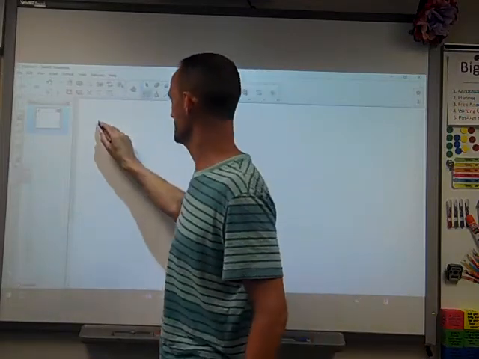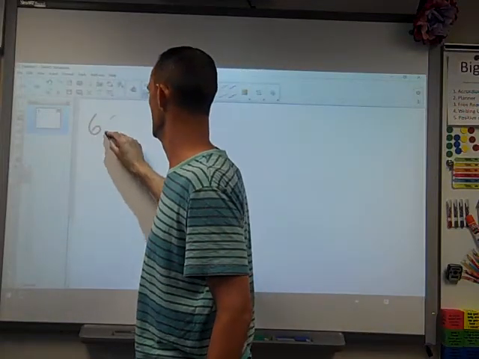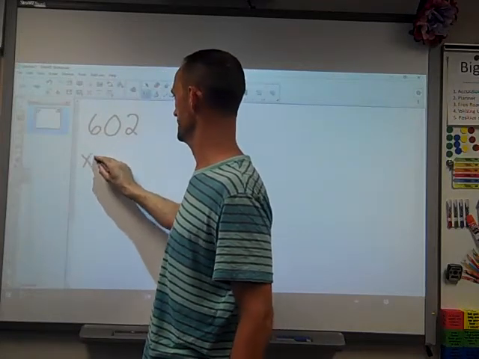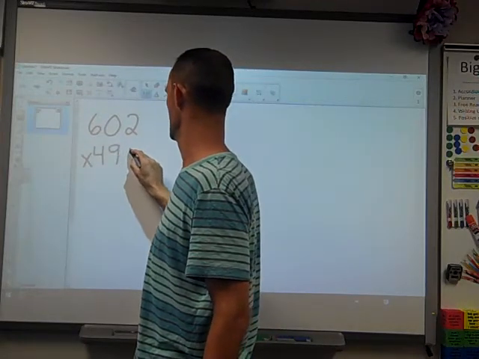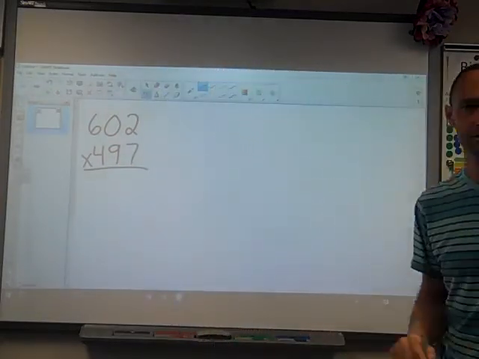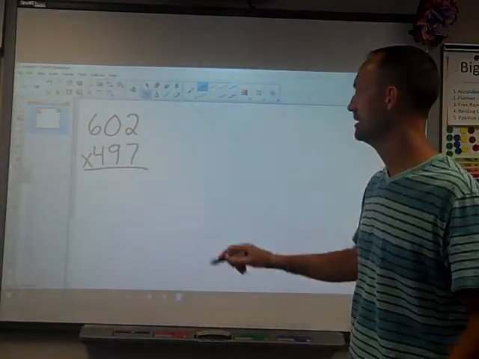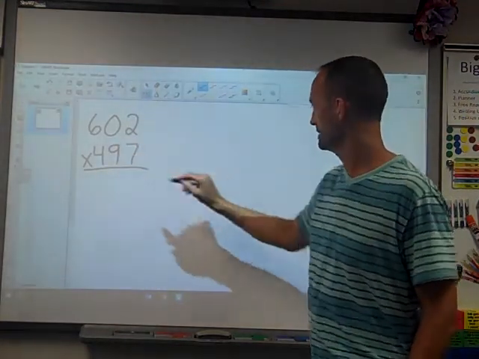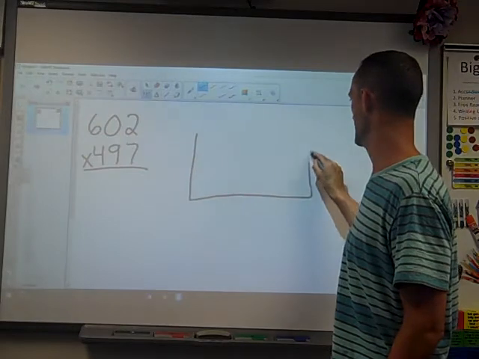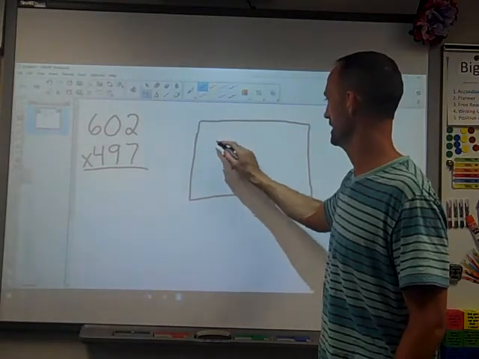We'll take a 3-digit number times a 3-digit number. So we'll just do 602 times 497. So now I have a 3-digit times 3-digit. So I want to make sure I'm making my box big enough here.